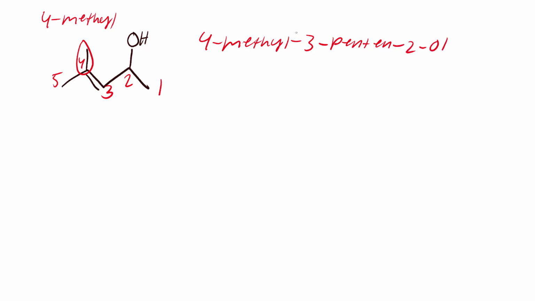So let's digest what I just wrote. There is a methyl group on the 4th carbon. Pentene means that this is a double bond, and it's a pentane, so I'm expecting 5 carbons. But on the 3rd carbon, there's going to be a double bond. That's what 3-pentene means. On the 2nd carbon is going to be an alcohol group.